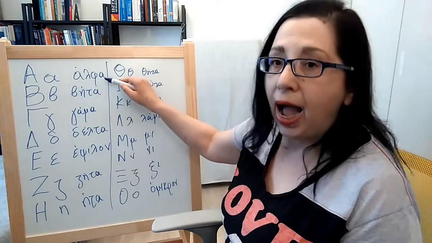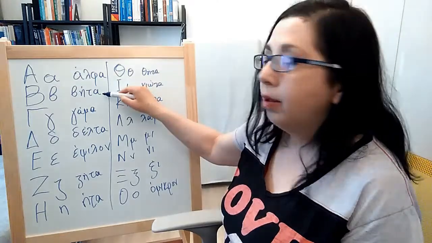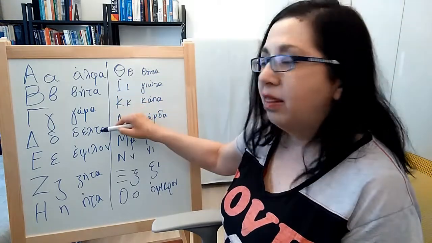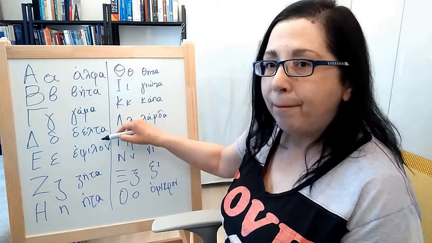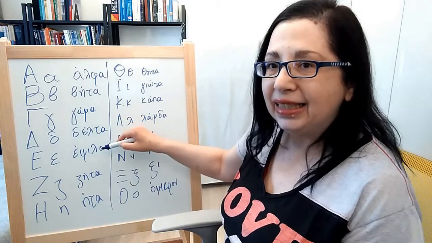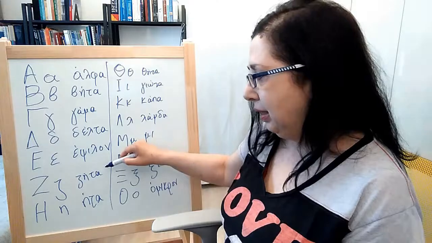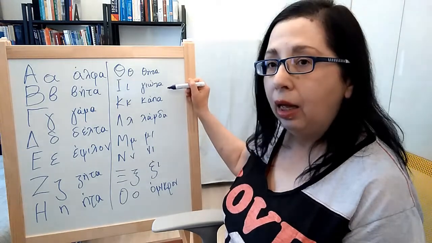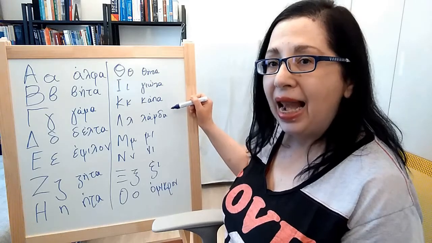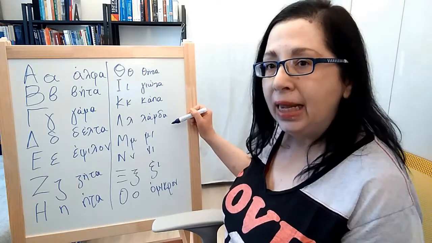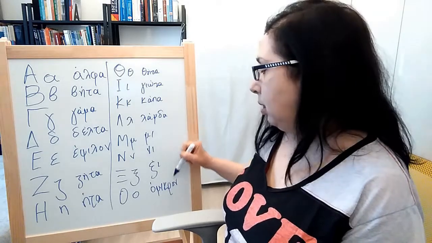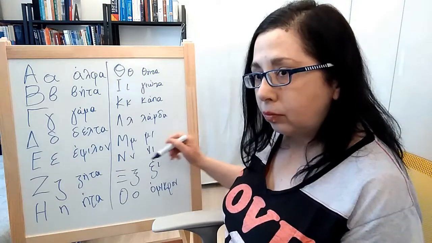Okay? So alpha, beta, gamma, delta, epsilon, zeta, eta, theta, iota, kappa, lambda, mi, ni, xi, omicron.